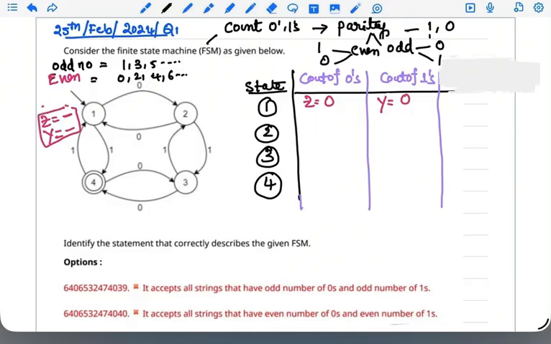At the start state y equals 0, because we haven't processed any inputs. So there are 0 zeros and 0 ones, and 0 is even, so both are even.